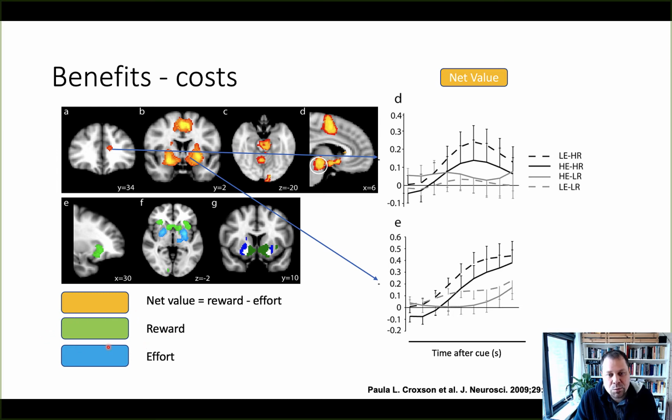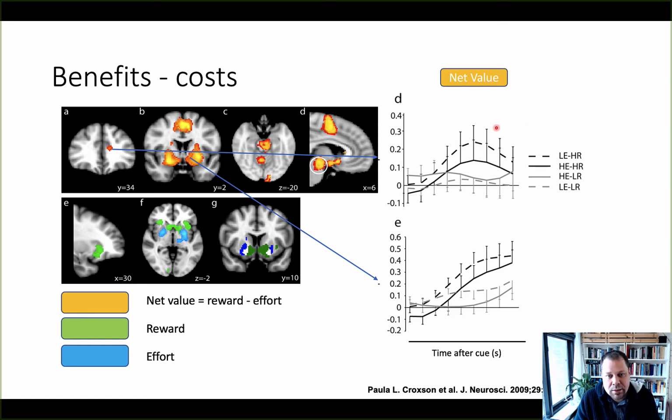So they distinguish between high reward and low reward. And then the blue regions, so the green regions are in striatum and in insula, and the blue regions are in the putamen. They seem to distinguish only between the effort costs, which in the putamen makes sense because it's part of the motor regions within the brain. And we've learned about the striatum and the insula being also involved in valuation.